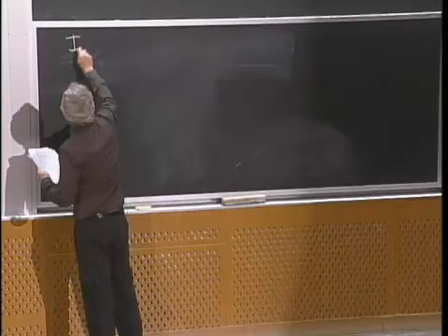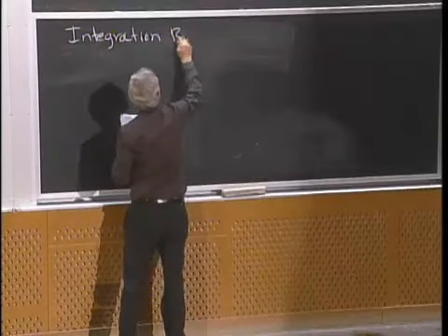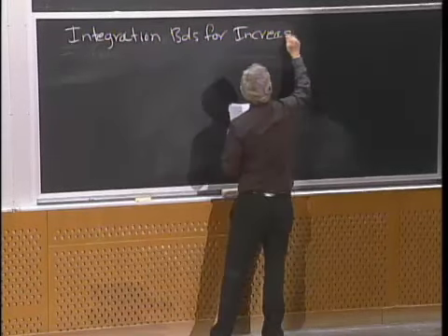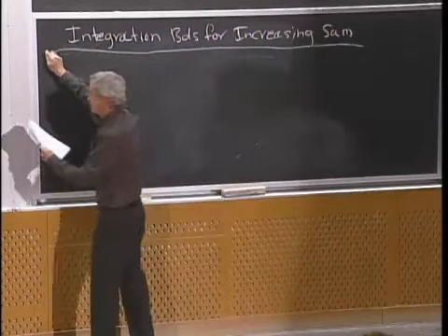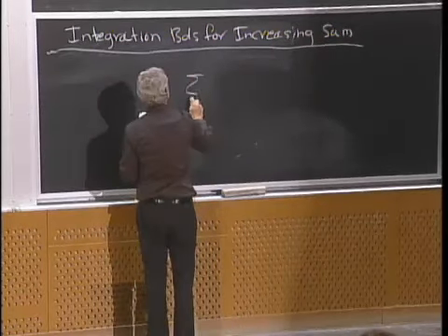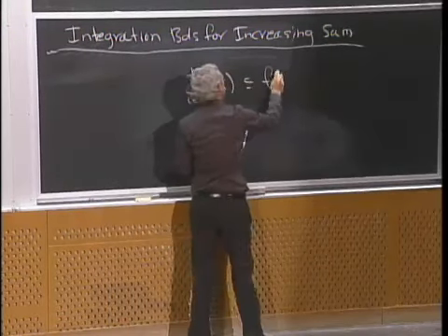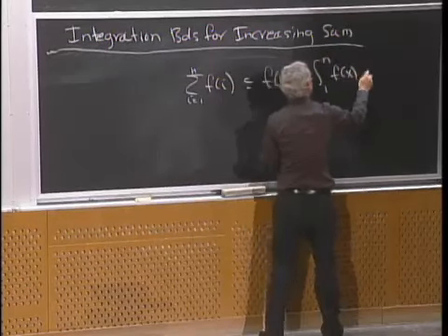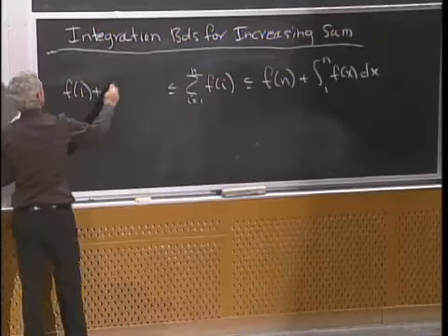So let's do that. And the formula is easy. It's basically the same formula we had there, that the sum i equals 1 to n of f of i is at most the nth term plus the integral. And it's at least the first term plus the integral.